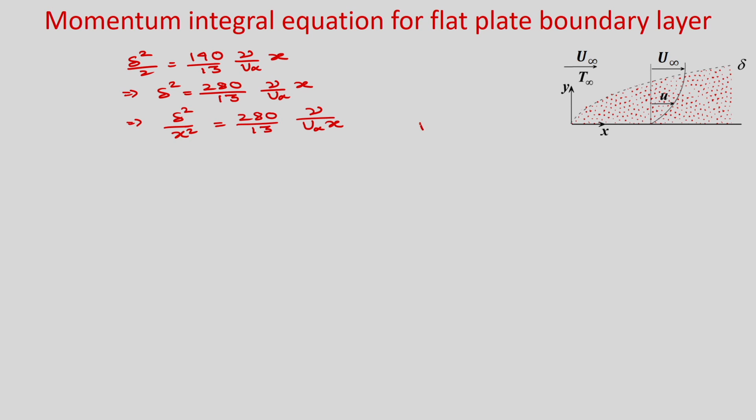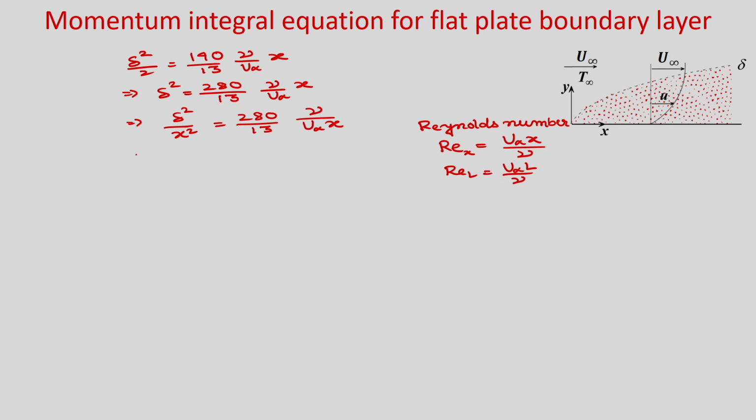So, if you define the Reynolds number Re as u infinity x by nu, where x is your axial direction, then at x equal to L for the plate length L, you can write Re_L as u infinity L by nu.